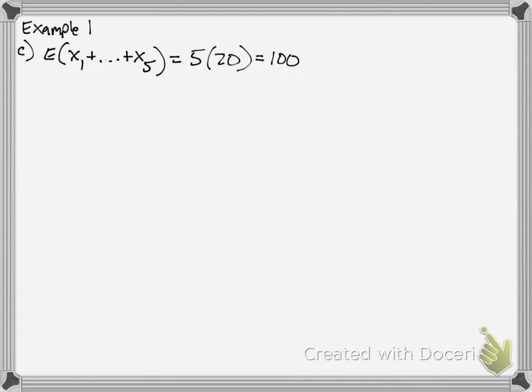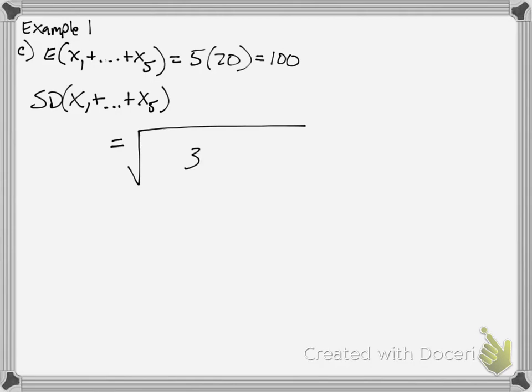And similarly, we can do the same thing with the standard deviation. So our standard deviation of X1 plus ... to our 5th customer, X5, is going to be equal to the square root of, alright, so we have 5 different times, $386.78, we're going to square it.